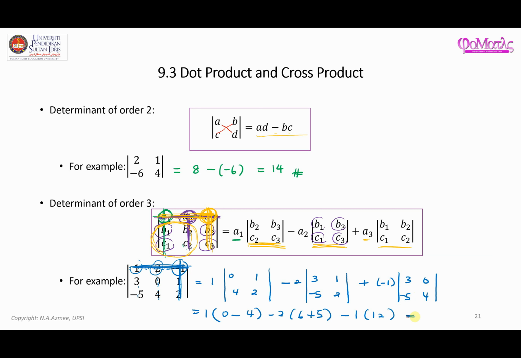So next it will be -4, so I'm just simplifying the process here. So -2 times 11 is -22 minus 12. Okay, so this will be equal to 26. So -2, -4, -22 is 26. 36, 38, so -30, 38. Okay.